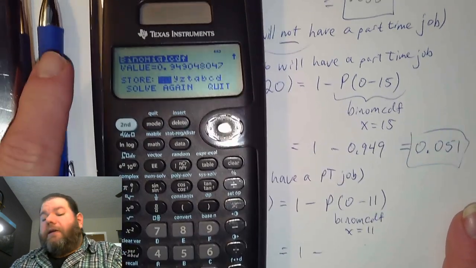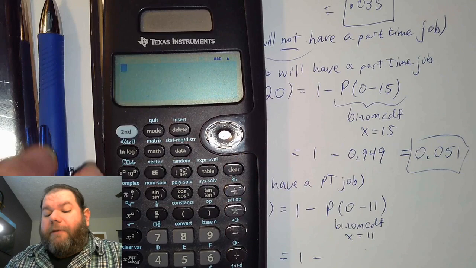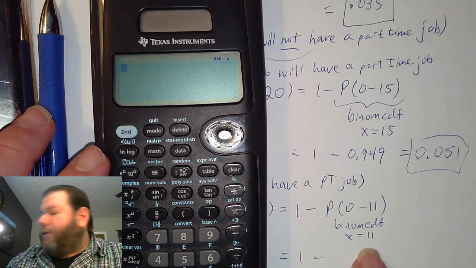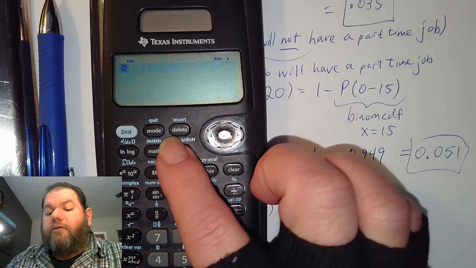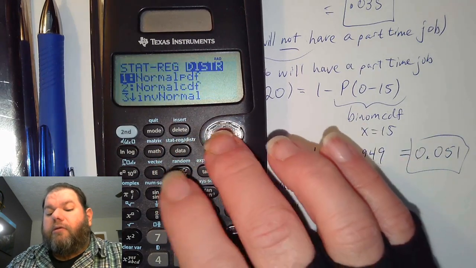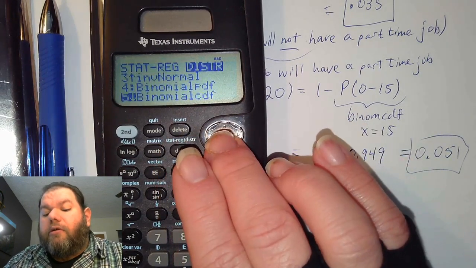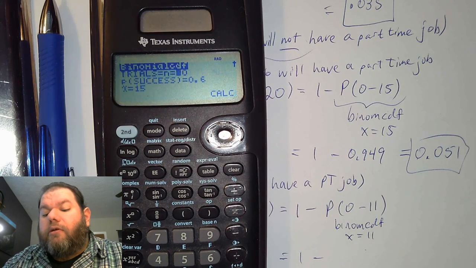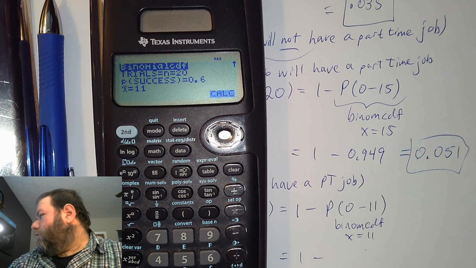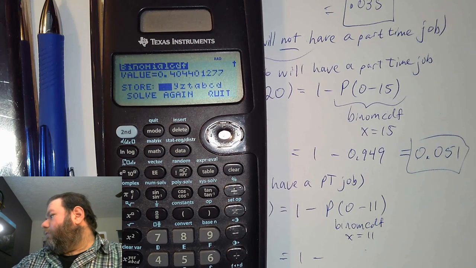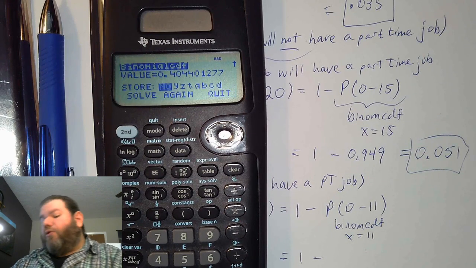Anyway, so we go back and we do binomial CDF with x equals 11. And that gives us a value of 0.404.